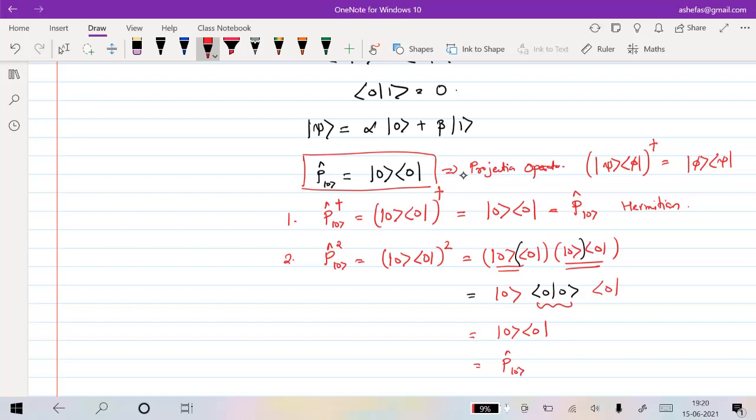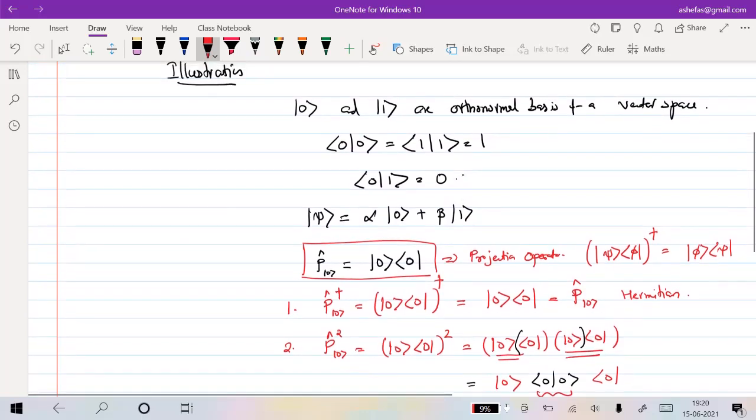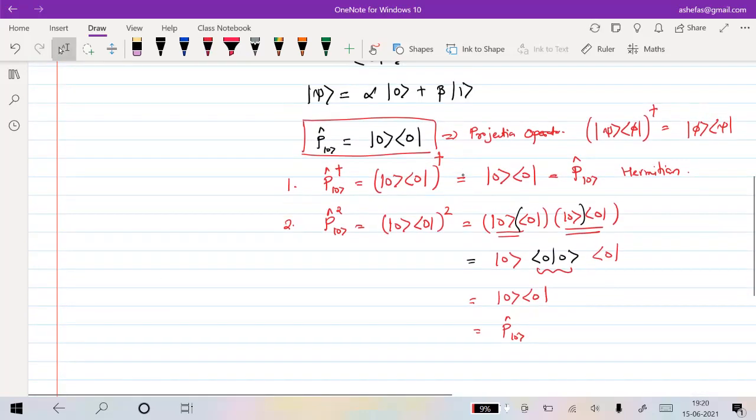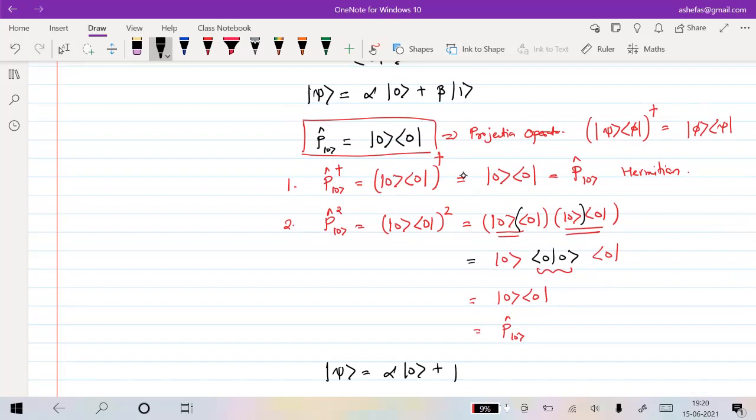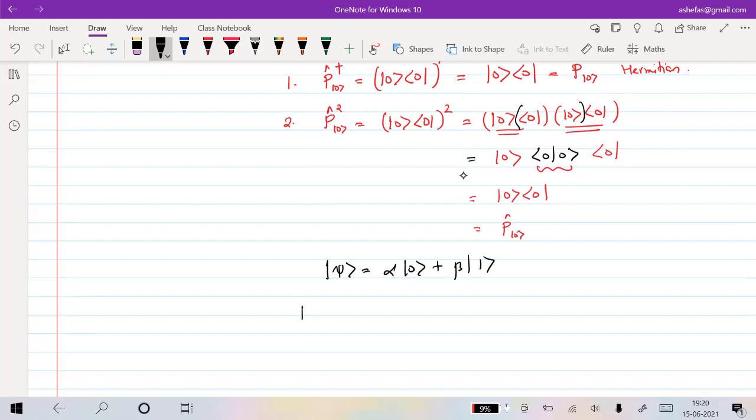Now, why is it called a projection operator? That we will see now. We have already considered the vector psi, which is alpha times ket 0 plus beta times ket 1. Now, if you act the projection operator of 0 on vector psi, what would happen? Since this projection operator is linear, we can use the distributive property.